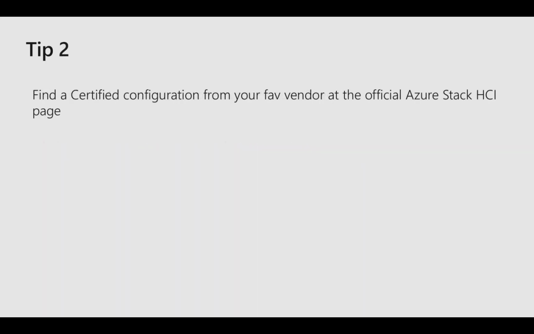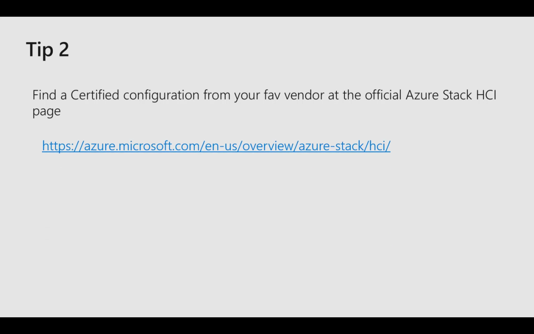Tip 2. A lot of you have probably heard the motto, well, it can be run on everything. And it can. But if you're going to be running it in production, you need to find a certified configuration from your favorite vendor at the official Azure Stack HCI page, which you can find here.